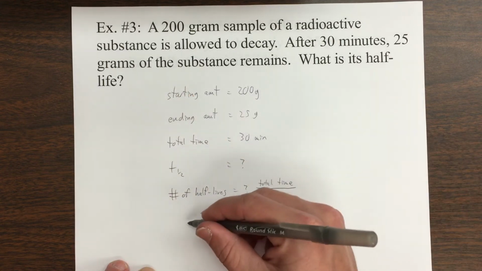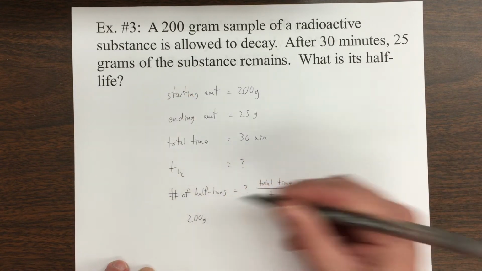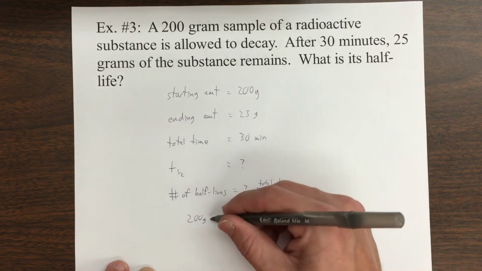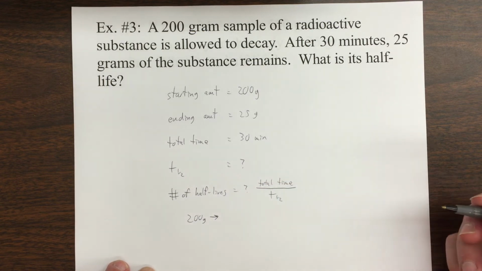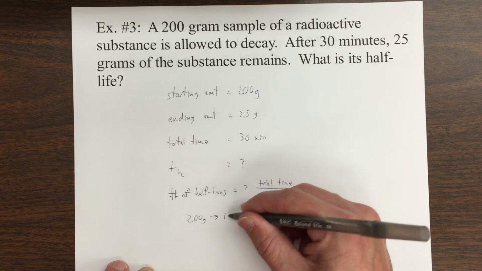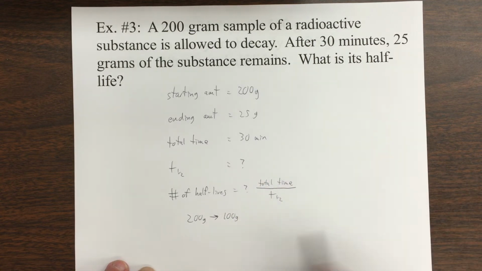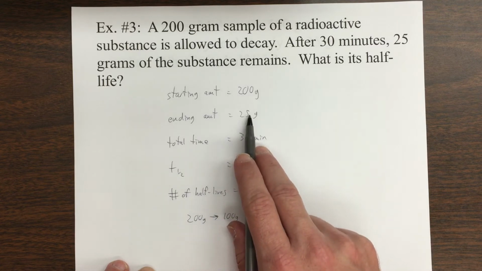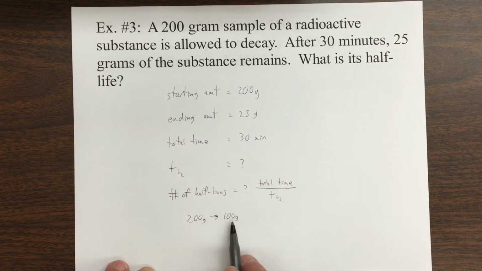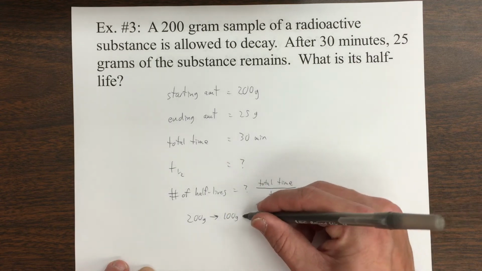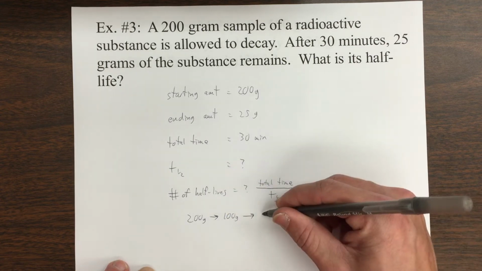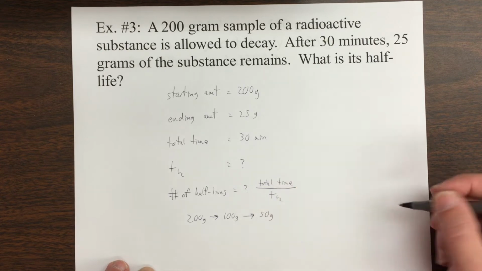So we know we're going to start with 200 grams. After one half-life, whatever that time frame is, how much will be left? 100 grams, because that's how half-life is defined. We have not yet reached the correct ending amount, so we know that this 100 grams is allowed enough time to cut in half again. So now it is down to 50 grams.